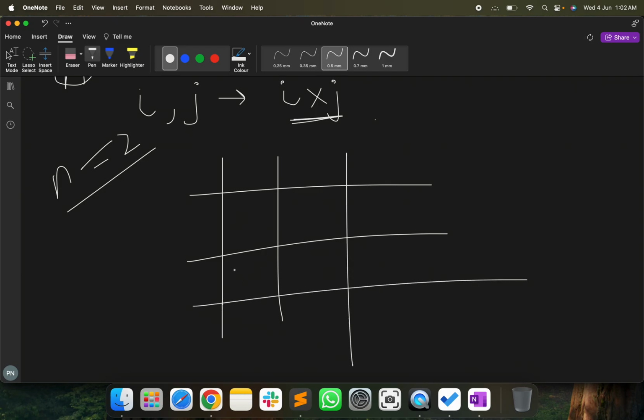This place is 1 comma 1, this is 1 comma 2, this is 2 comma 1, and this is 2 comma 2. Now let's find the number of Demodogs in each of these coordinates. Here 1 times 1 is 1, here 1 times 2 is 2, here 2 times 1 is 2, and here 2 times 2 is 4.